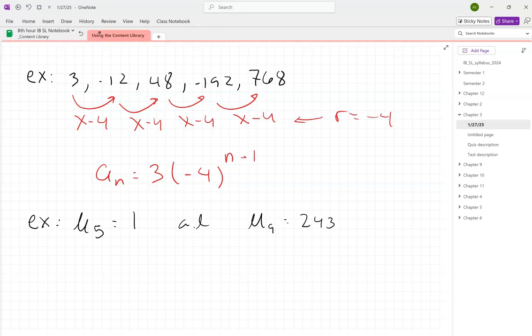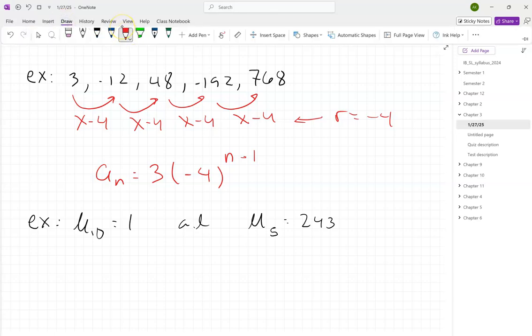Hold on a second. 1, 2, 3, 4, 5. Let's make it the 10th term. And actually, let's flip those. Let's make the 10th term 1 and the 5th term 243. I know, Olivia, it'll be okay.